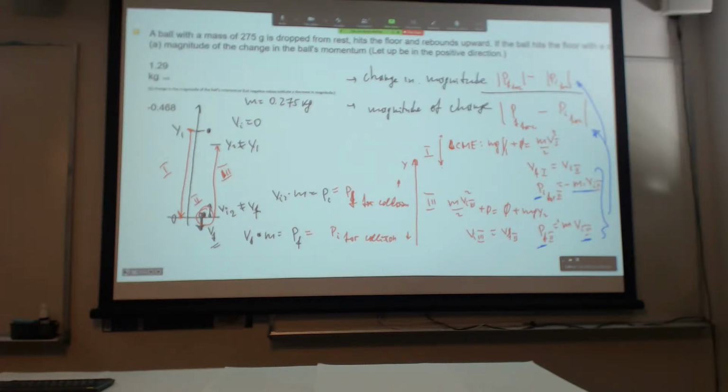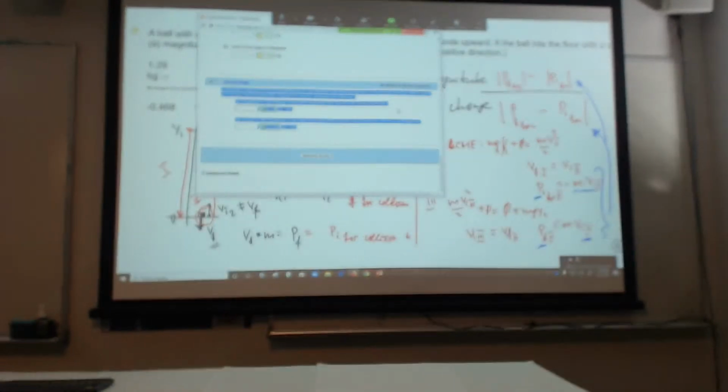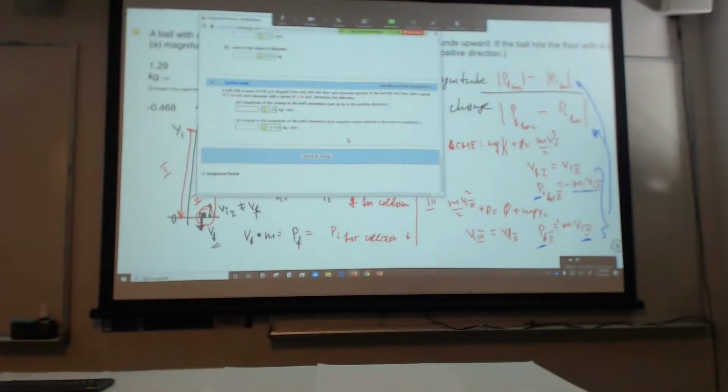Professor, could you also explain what, like, magnitude of the change in the ball's momentum versus change in the magnitude of the ball's momentum? Like, the wording of that was also a bit confusing. I don't know. What else are you looking for? If it tells you, calculate, determine the following: magnitude of the change, and then B, change in the magnitude.